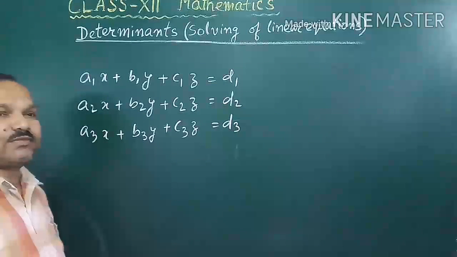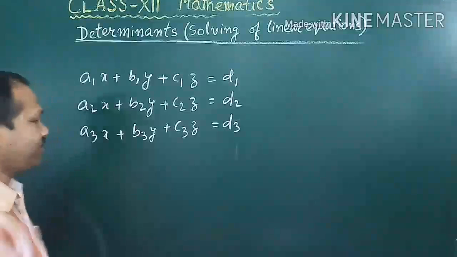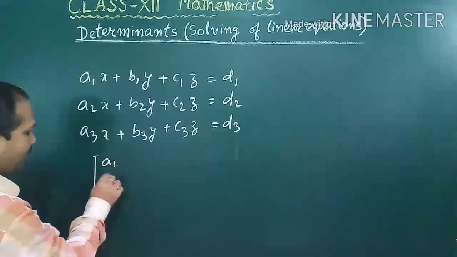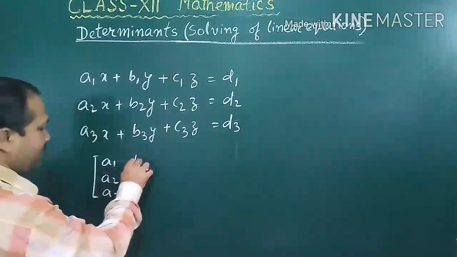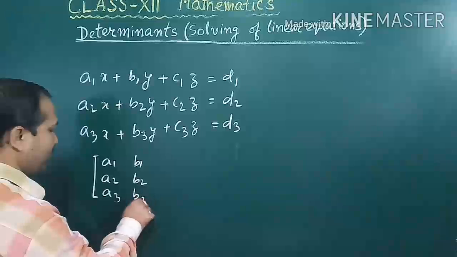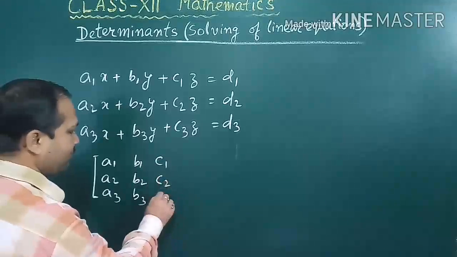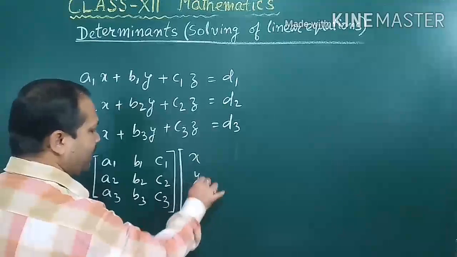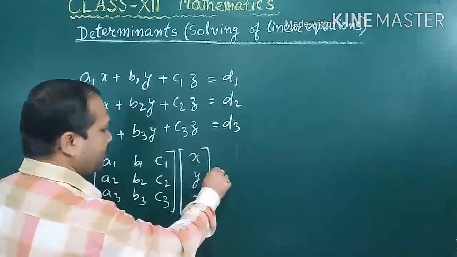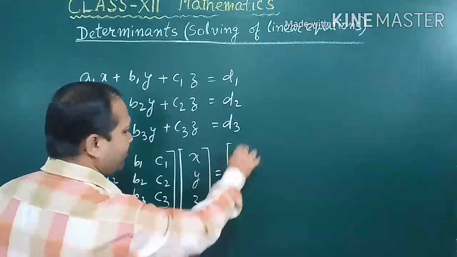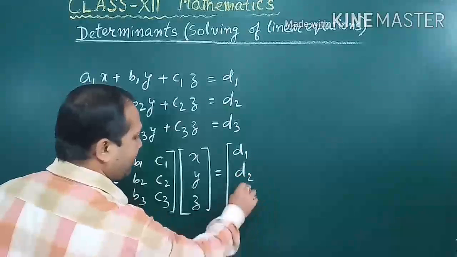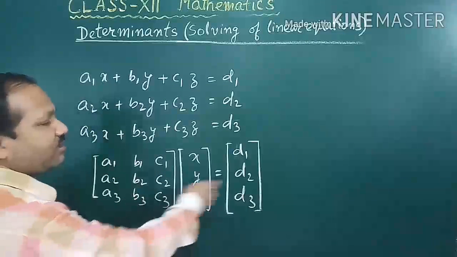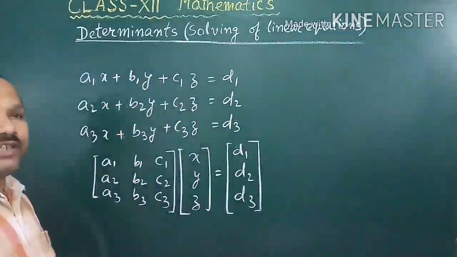Now by using matrix multiplication we can solve this type of equation also. The same one, if we write, then it is a1, a2, a3, b1, b2, b3, c1, c2, c3, and here it is x, y, z, and this is equal to d1, d2, d3.